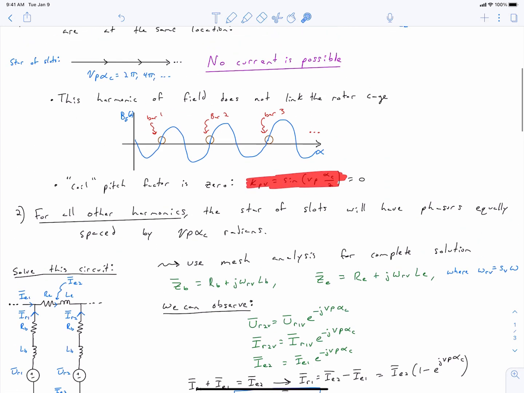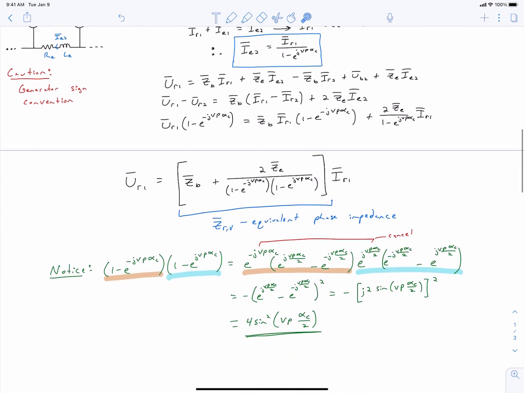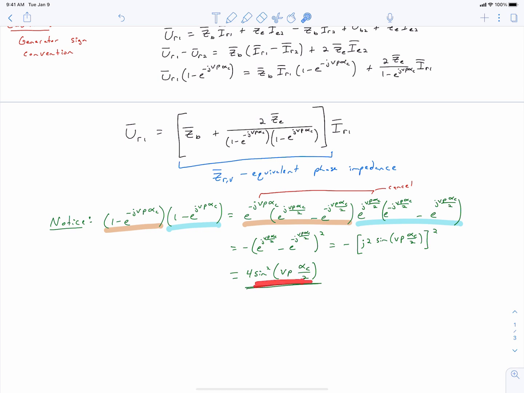Because remember, we had talked about this case up here as corresponding to when we get no current in our rotor. And so we can see right here that if sine of VP alpha c by 2 equals 0, this denominator is 0 and our impedance is infinite. So this impedance expression actually predicts that for certain harmonics you will not get current in the rotor.